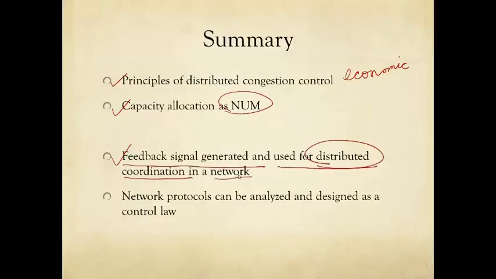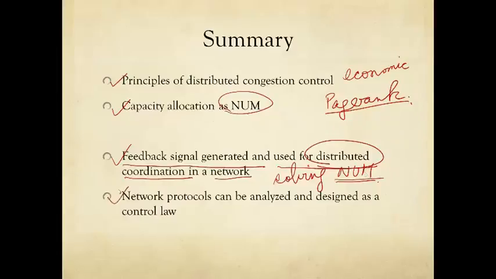So we can view the Internet, TCP, as the largest man-made machine solving an optimization in the form of NUM. Just like we can view Google PageRank as the largest man-made machine of eigenvector computation, you can view TCP in the Internet as the largest man-made machine implicitly solving for network utility maximization.